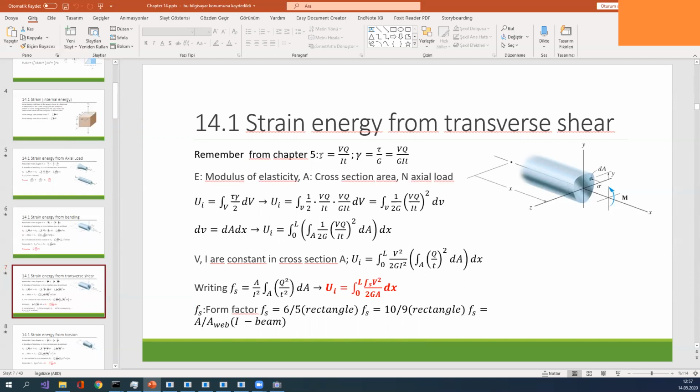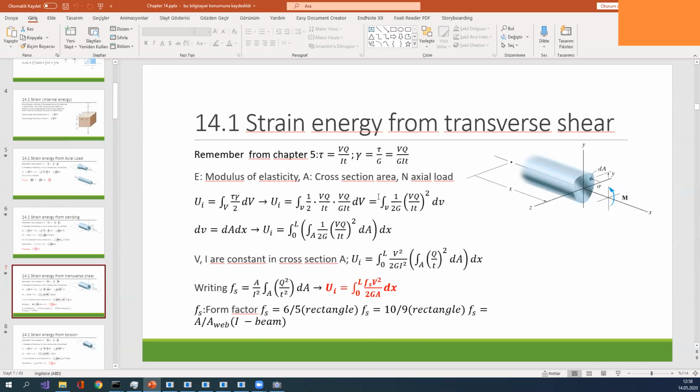For strain energy for transverse shear, you can remember we used tau times gamma divided by 2. Therefore, I can write VQ over IT for tau, and gamma is equal to tau divided by G, so VQ over GIT.